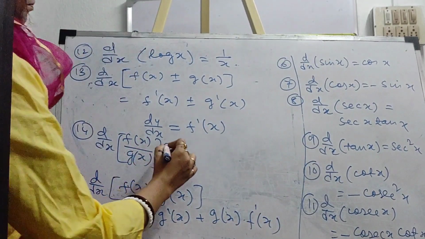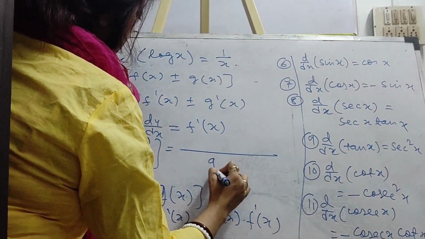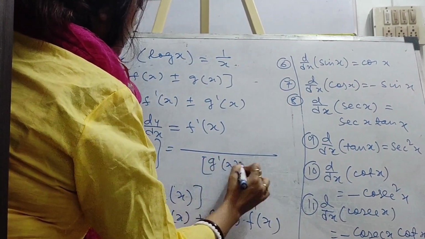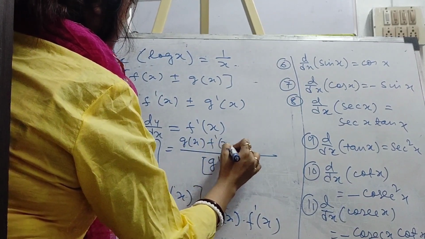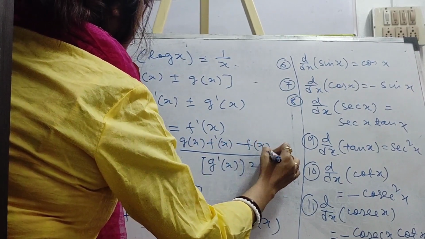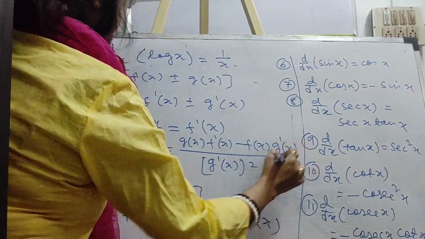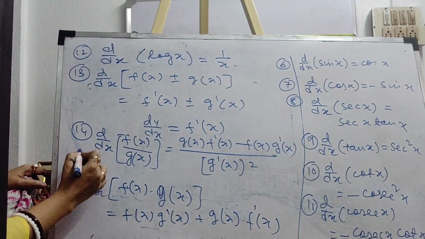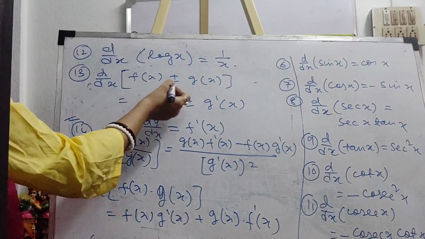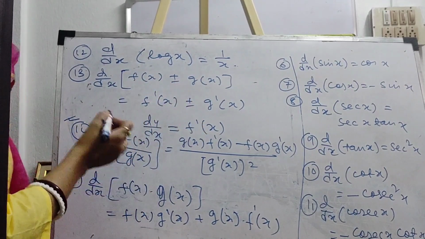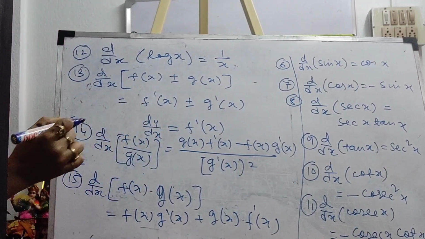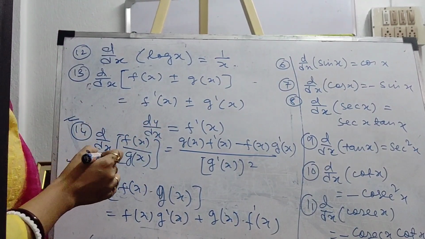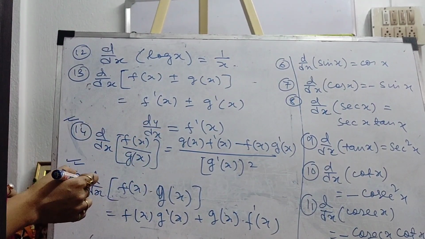The division rule is: the denominator is g(x) whole square, and the numerator is g(x) into f dash x minus f(x) into g dash x. So this is the multiplication rule, this is the division rule, and this is the addition and subtraction rule. These are the basic fundamental rules of derivatives.